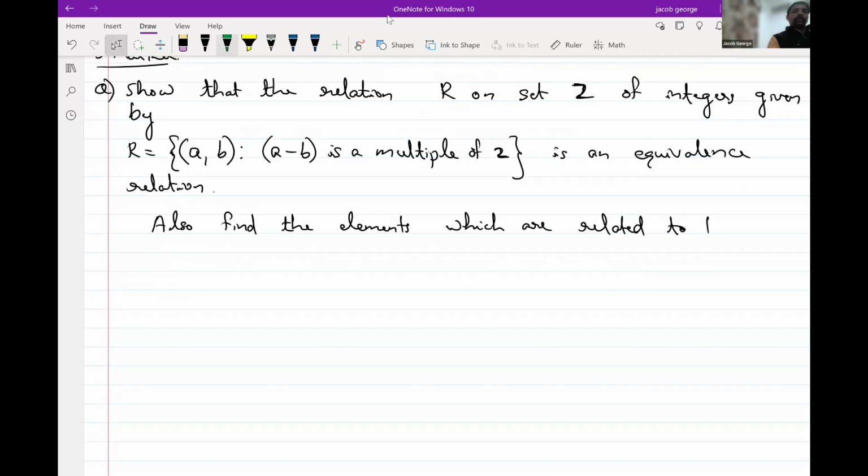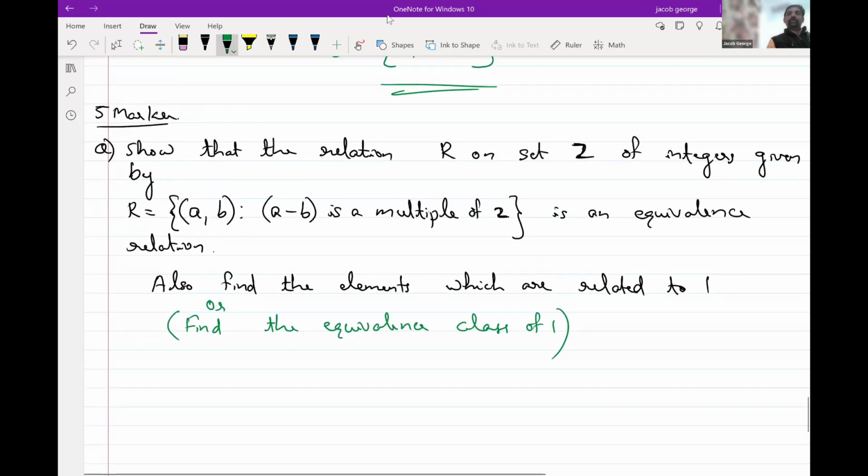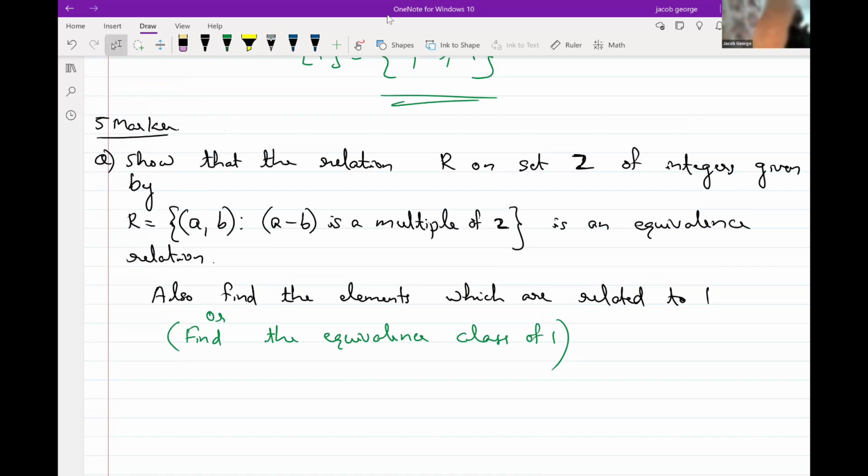Or this part can be asked like this also: find the equivalence class of 1. Both have the same meaning. Equivalence class of 1 means elements which are related to 1, x elements which are related to 1. So both are of the same meaning. So in one of these ways that additional part will be asked.